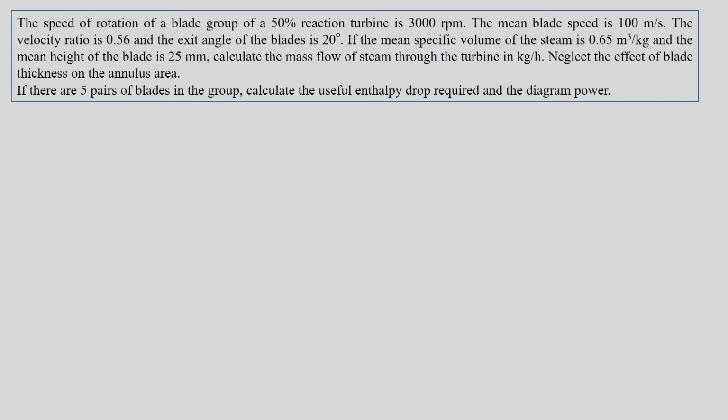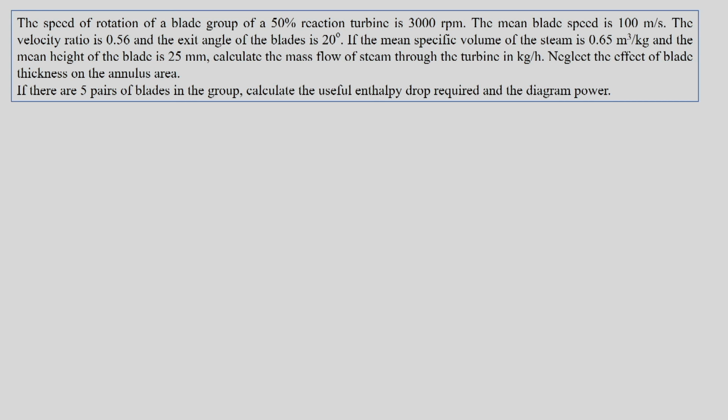If the mean specific volume of the steam is 0.65 meter cube per kg and the mean height of the blade is 25 mm, calculate the mass flow of the steam through the turbine in kg per second. Neglect the effect of blade thickness on the annulus area. If there are 5 pairs of the blades in the group, calculate the useful enthalpy drop required and the diagram power.